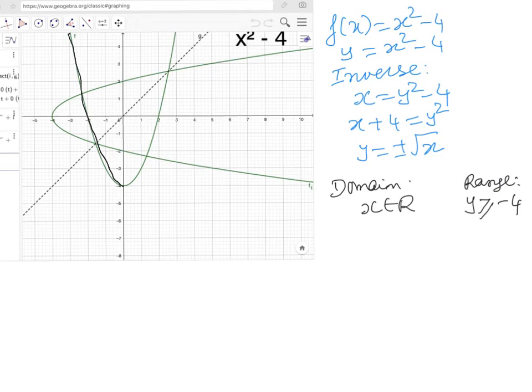And my range will not change; y will be greater than or equal to -4. So this is my restricted graph now.